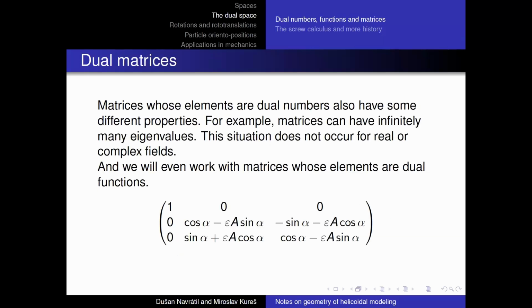So the dual matrices, we will consider dual matrices in which the entries will be dual functions. And such matrices have interesting properties like infinitely many eigenvalues, which is not the case for the real or complex matrices. So this is how such a matrix can look like.